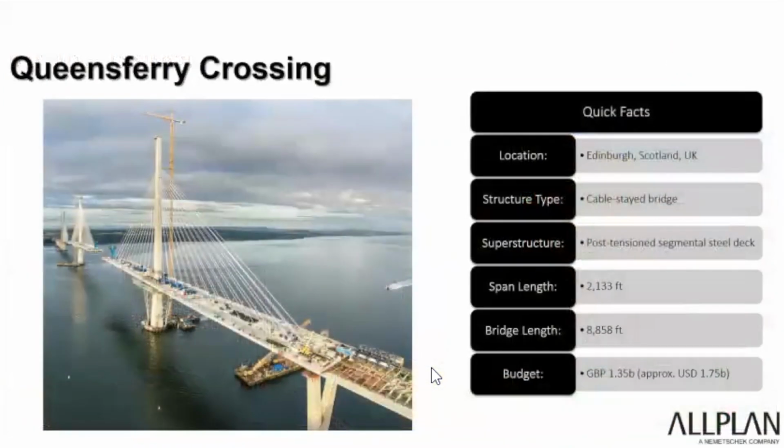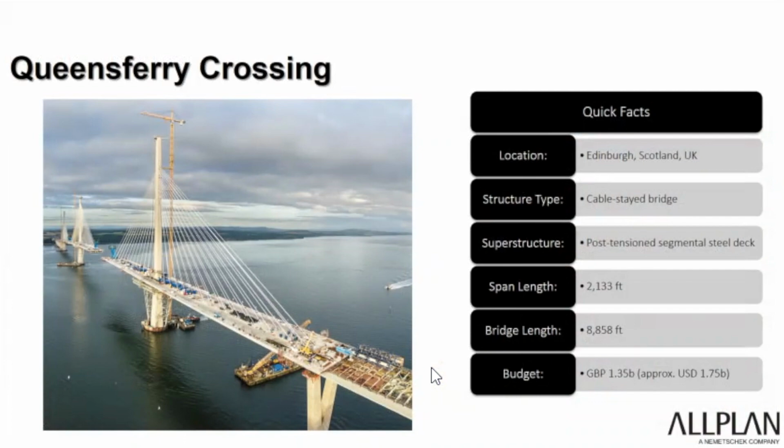Another example is the Queensferry Crossing bridge. The initial design was actually for bridge piers that were significantly heavier, wider, and more heavily reinforced than these are, to the tune of costing about double the construction cost of the bridge piers that were designed.